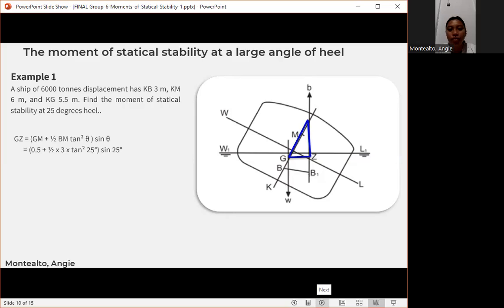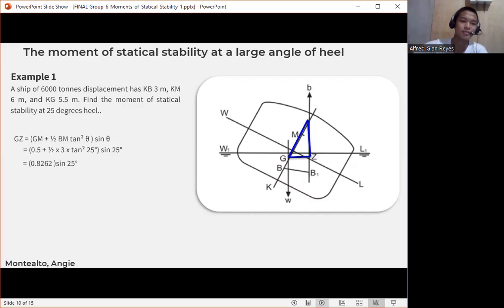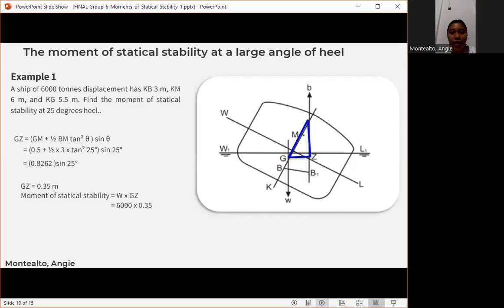So 6 minus 5.5 is 0.5. Then 0.5 plus 1/2 times 3 times tan squared 25 degrees is equal to 0.8262. To get the GZ, we multiply 0.8262 times sine 25 degrees. So our GZ is equal to 0.35.